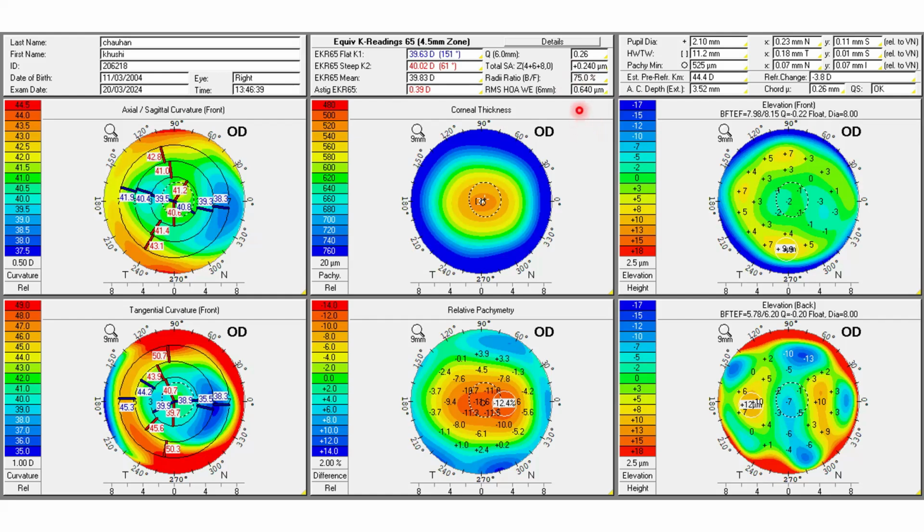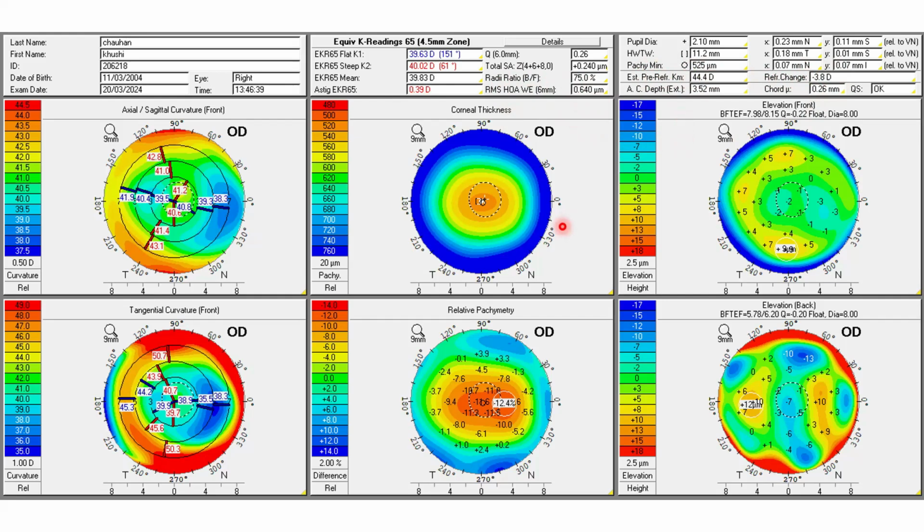And as expected, after SMILE surgery, the higher order aberrations have increased to an extent. The estimated pre-refractive keratometry mean was 44.4 diopters, and the estimated refractive change was around minus 3.8 diopters. This particular patient underwent a correction of around 4 diopters.